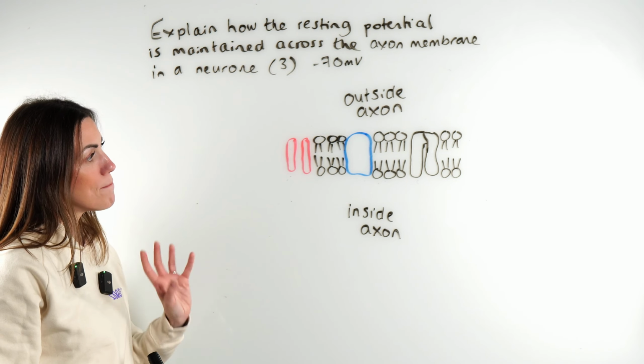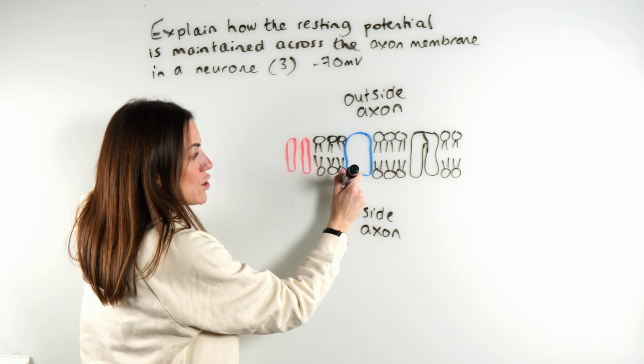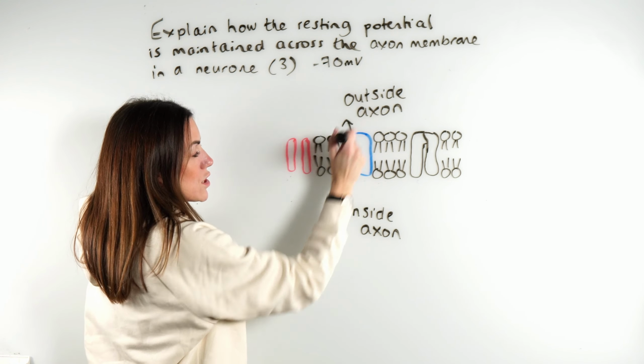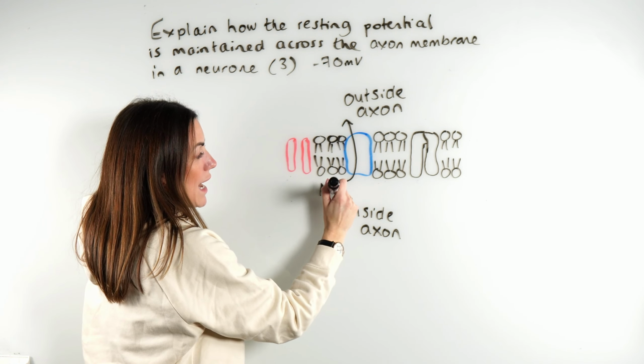First thing to mention is you've got sodium ions going out. So from the inside of the axon, they're being moved out across the membrane. And at the same time, you've got potassium ions being moved in.